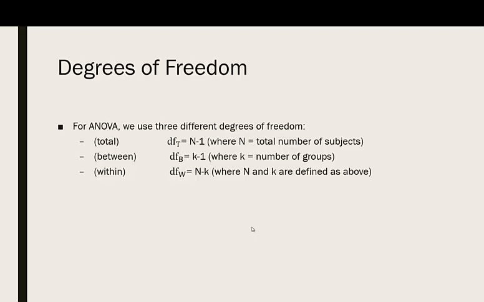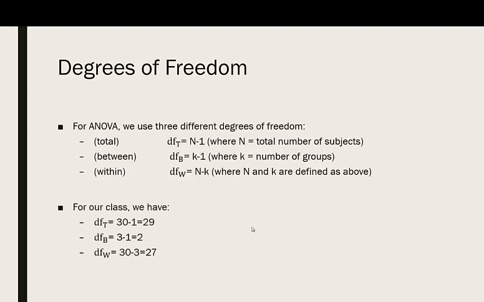The degrees of freedom total, designated with the subscript t, is n minus 1, where n is our total subjects, so that makes sense. Degrees of freedom between is k minus 1, where k is the number of groups. And the degrees of freedom within is n minus k, where n and k are defined as above: n is the total number of subjects, and k is the total number of groups.